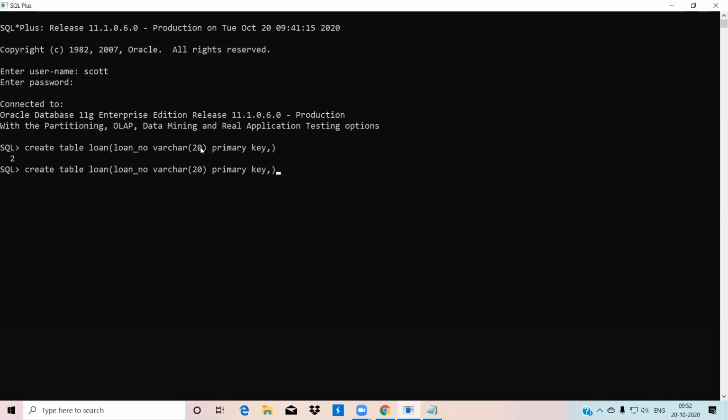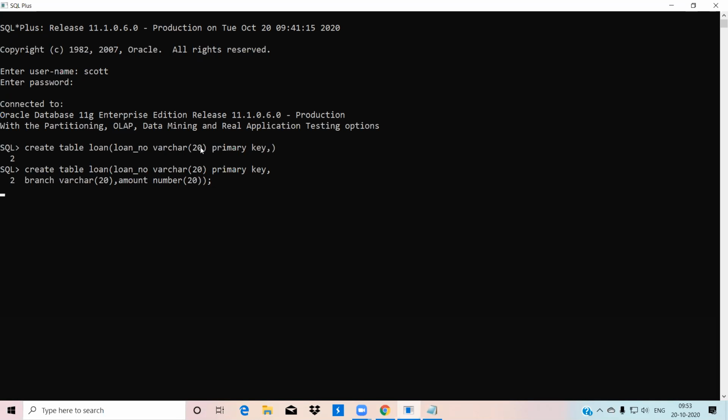Branch is varchar of 20, and also amount, number of 20.